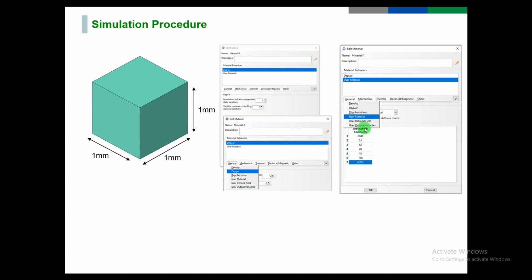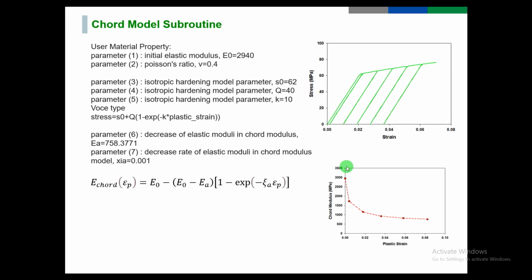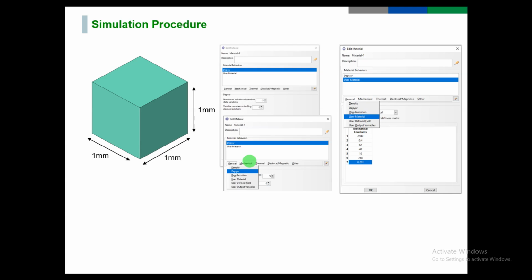This is the calibrated data, but when you start this kind of simulation, you don't know about this one and this one. You need the initial elastic modulus, Poisson ratio, and yielding point, but you don't know the isotropic parameters, this one and this one, and also you don't know the rate of decrease of elastic modulus.